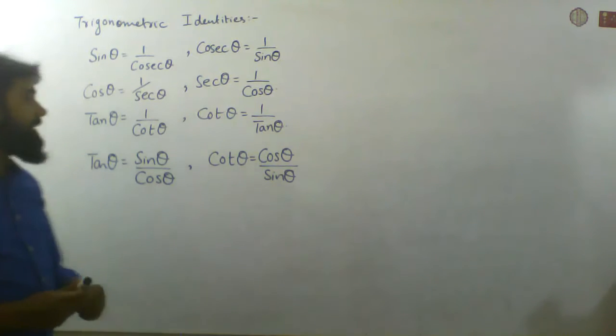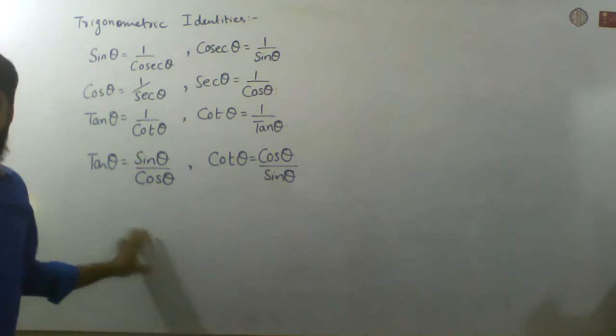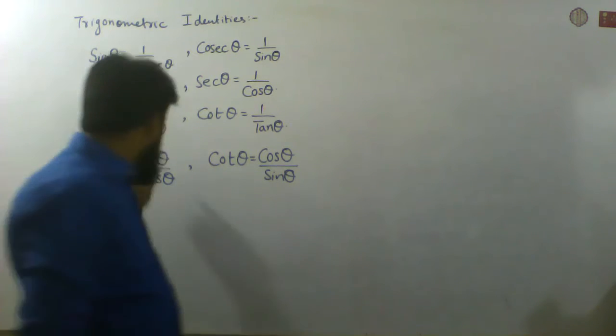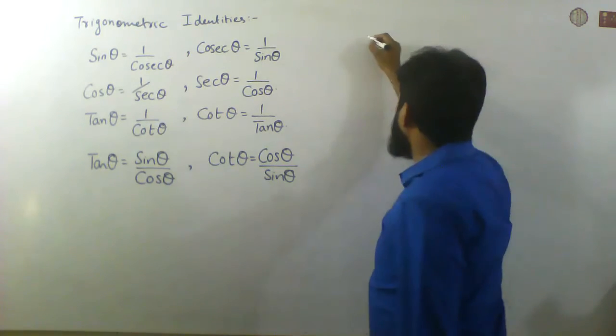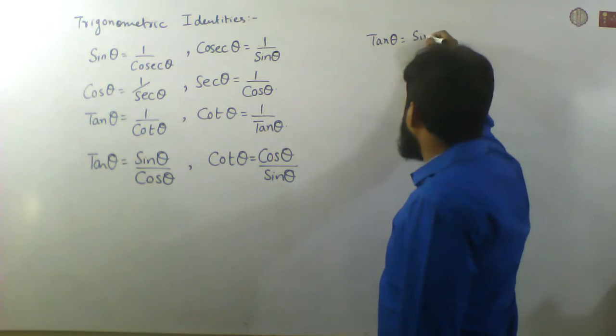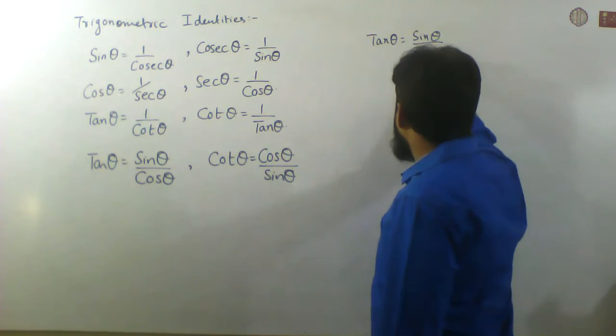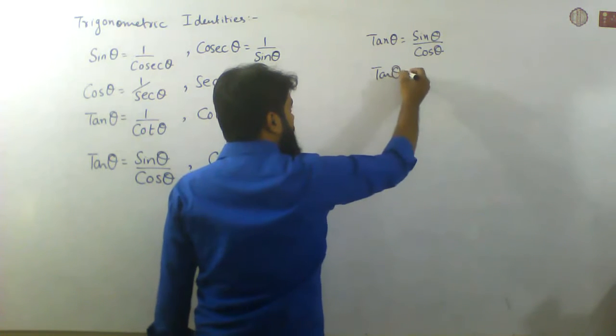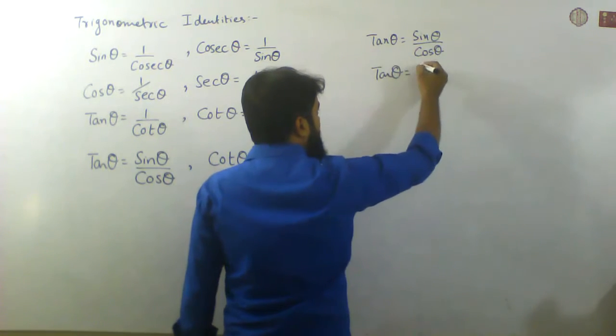How can I say that these are equal? Let me explain this one. Tangent theta equals sine theta over cos theta.